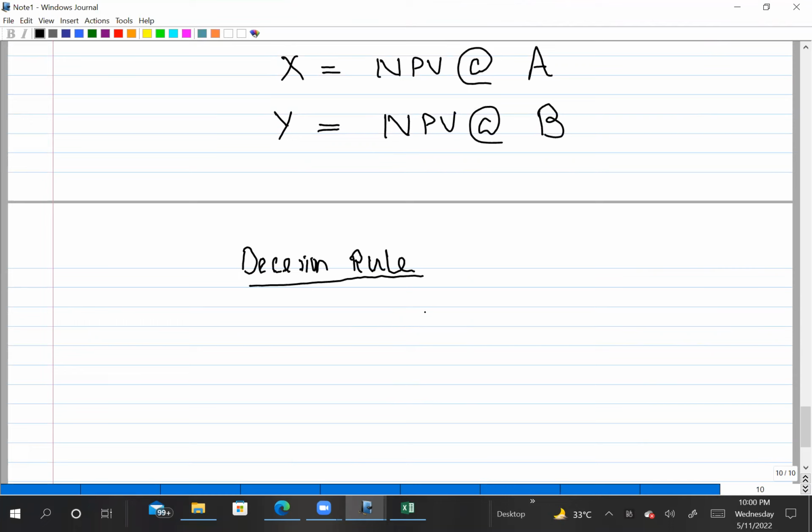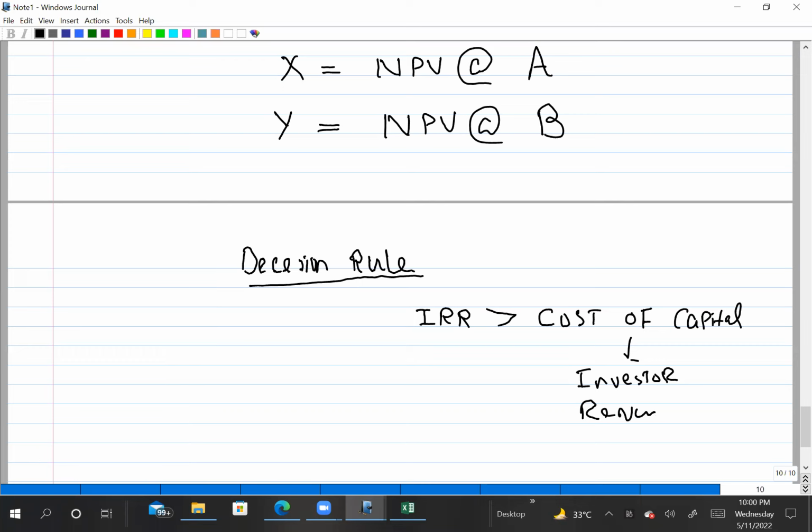Dear students, if we calculate the IRR of a project, and that internal rate of return is greater than the company cost of capital of the project, meaning the investor required rate of return.